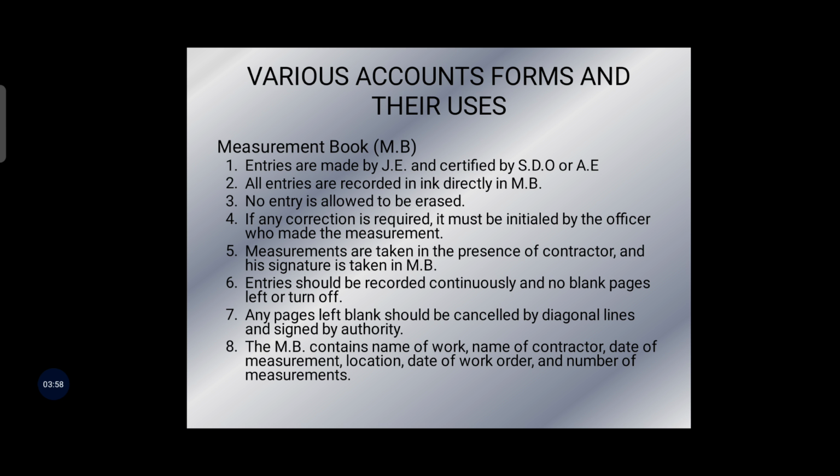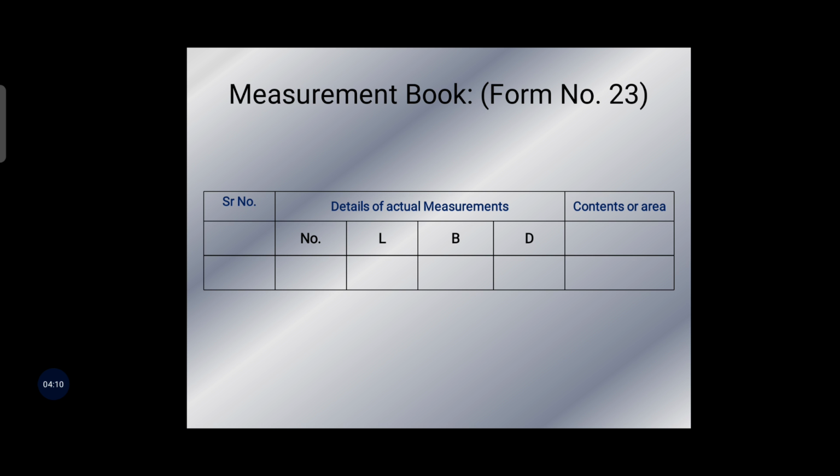The measurement book contains the name of work, name of contractor, date of measurement, location, date of work order, number of measurements. Okay, so this is the sample of the measurement book. In this measurement book you can see there is a serial number, details of actual documents, and content or area.